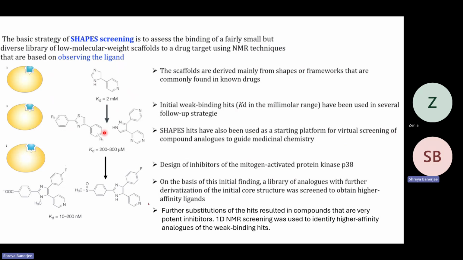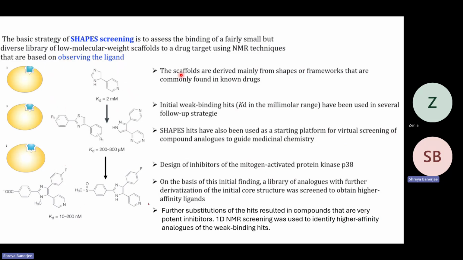So again, further derivatization was done. In the initial derivatization, it was two 6-membered rings attached to a 5-membered ring. Then a third 6-membered ring was introduced, and it was seen the Kd goes to nanomolar. So these are now very potent inhibitors.